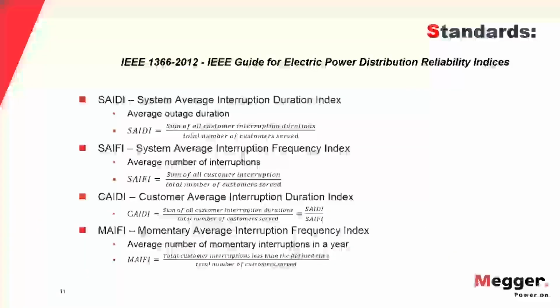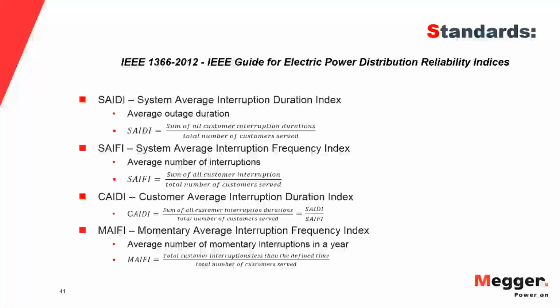Well, there's a bunch of different reasons, right? Most important ones is that most utilities nowadays have adopted reliability indices to evaluate the quality of the power that they are providing to their customers. I'm not going to explain the differences between SAIDI, SAIFI, and the others.